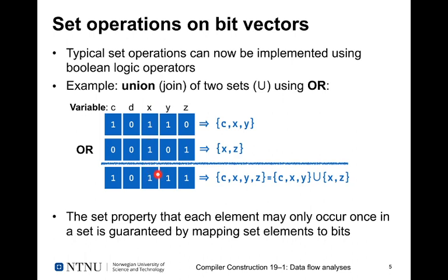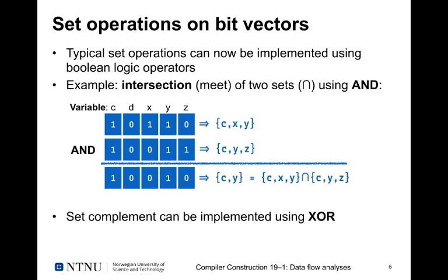So here we can ensure that each element, even if it's in both original sets, only shows up once in the target set. Using this, we can do the union or join operation of these two sets. So we have a joined set of 1, 0, 1, 1, 1, which represents C, X, Y, and Z, which is of course the union of all variables contained in the original input sets.